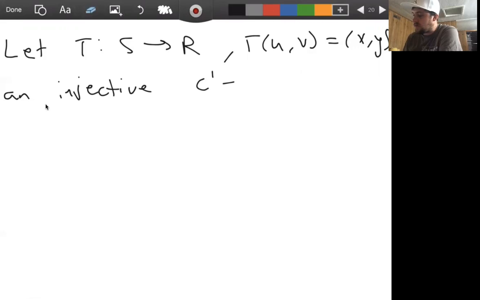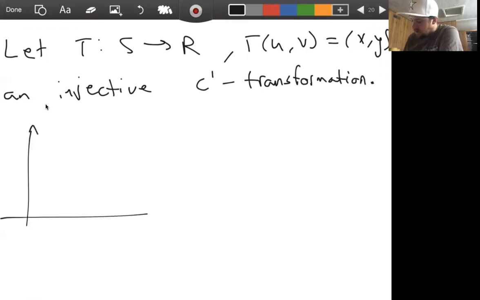I like the language transformation better. Okay, and let's try to construct the Jacobian here.